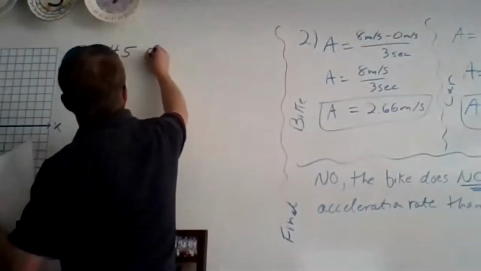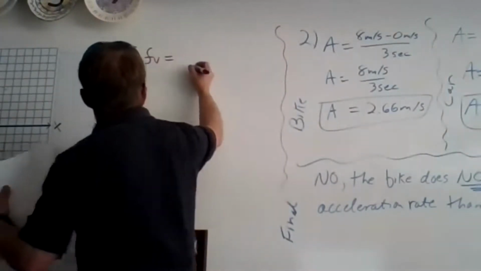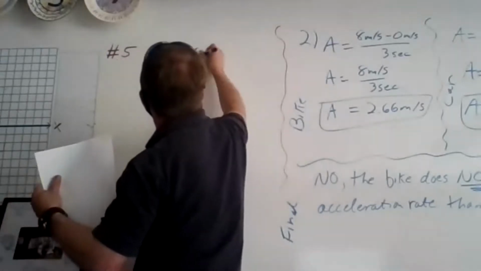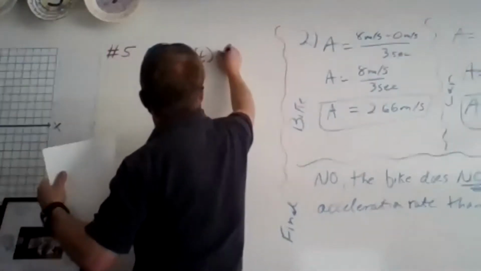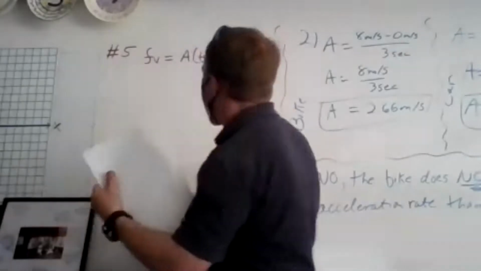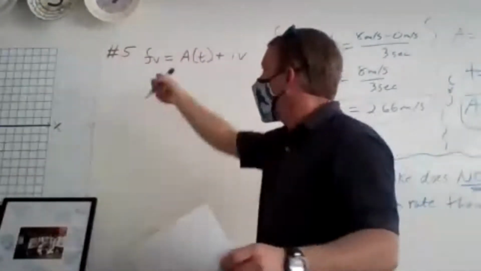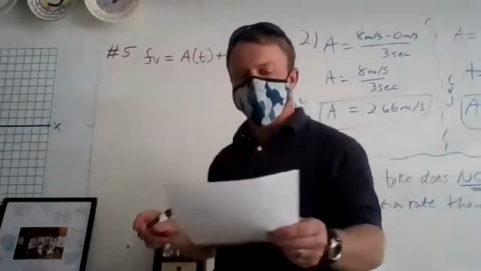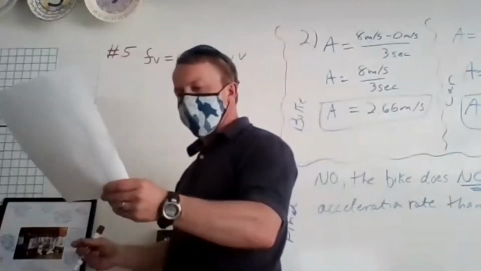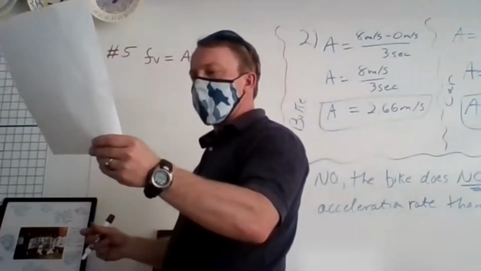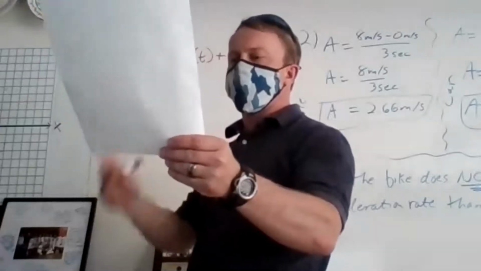So I'm going to write it out. FV equals acceleration times time plus initial velocity. That's how you have to set that up. That's number 5. Number 5 says it accelerates at 50 meters per second per second.